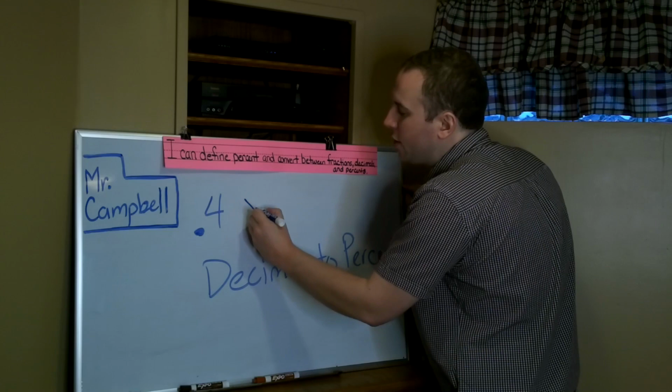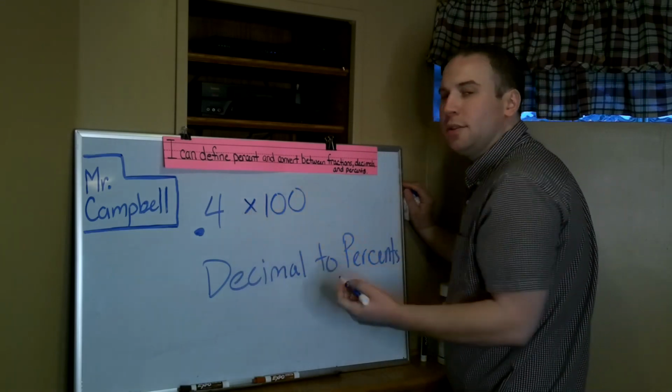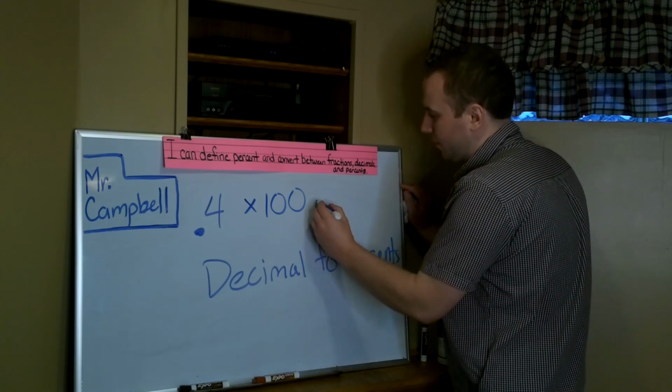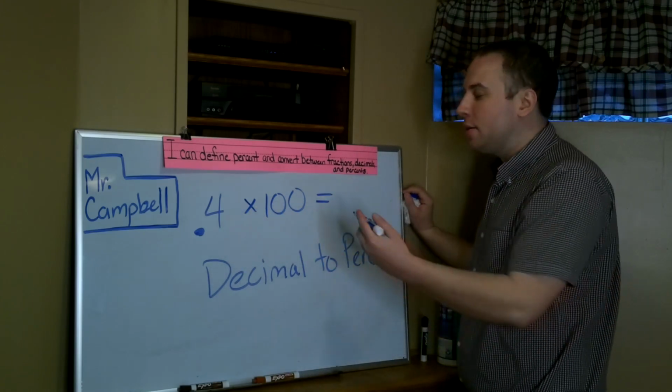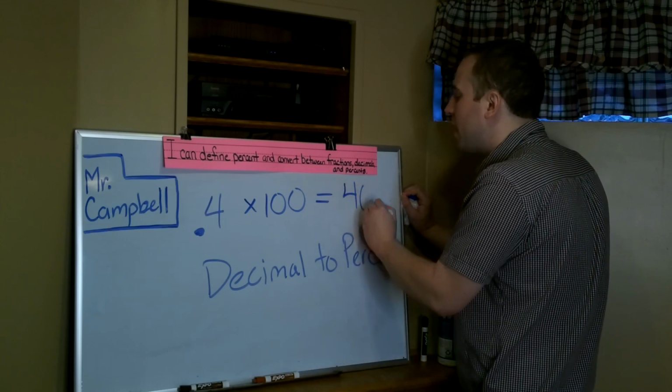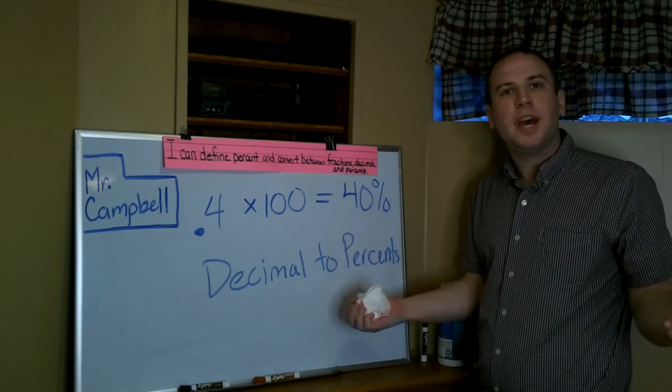The first way we can do this is just on your calculators, take the decimal and multiply it by 100. In doing that, 0.4 times 100 would give me 40. And adding a percent sign, we would get 40%.